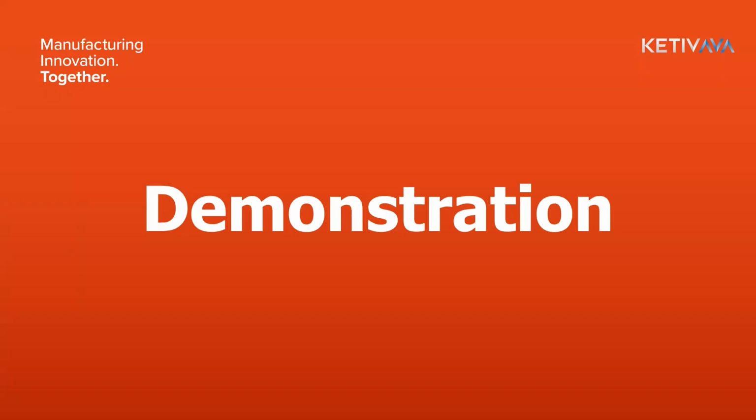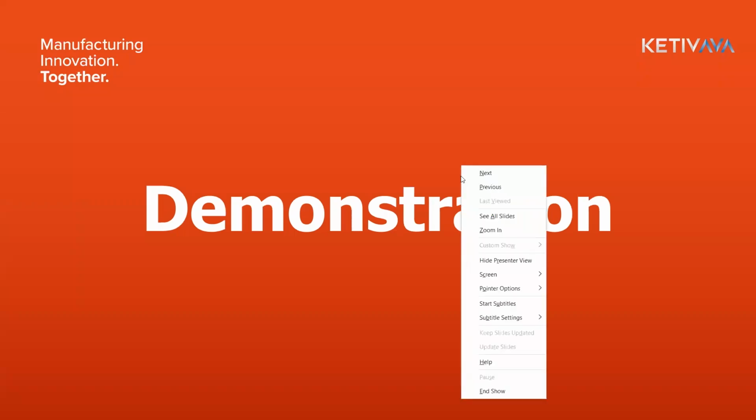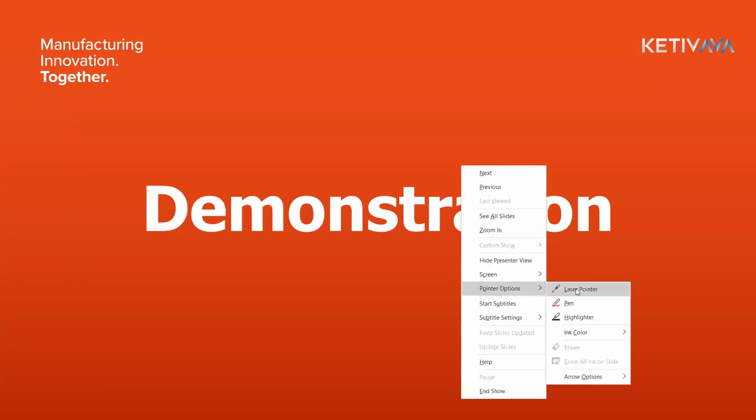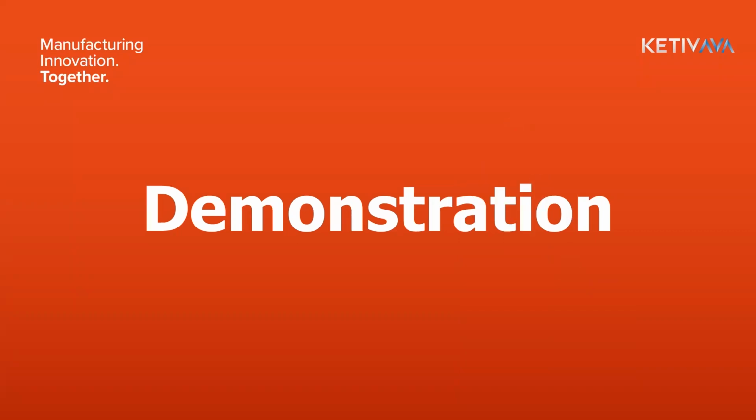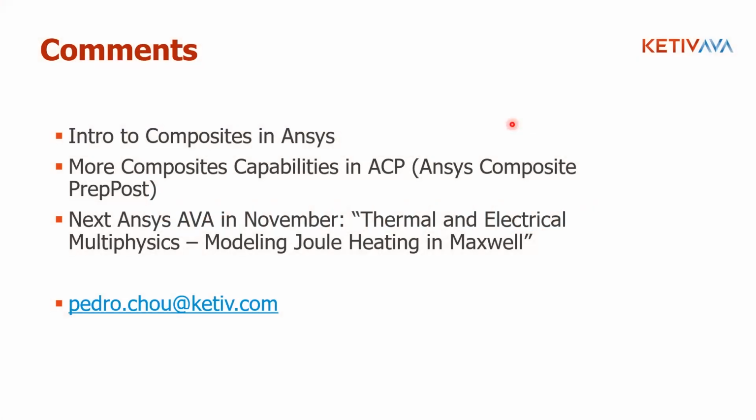Coming back to the presentation here. As I said, this is just a very simple example that I showed you. A lot of times your geometry is not as simple or as straightforward as the one that I showed you.